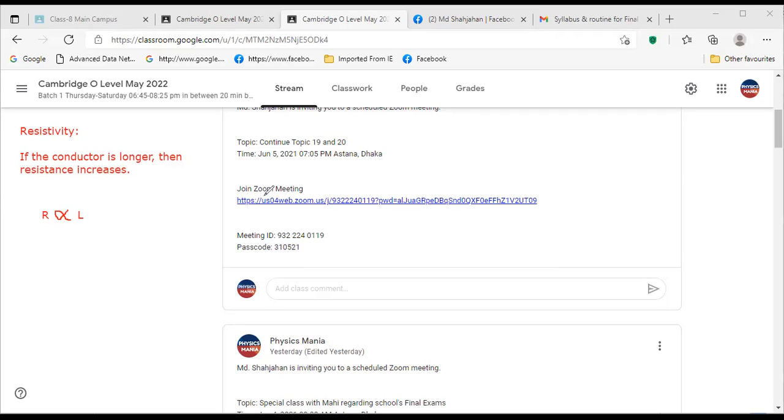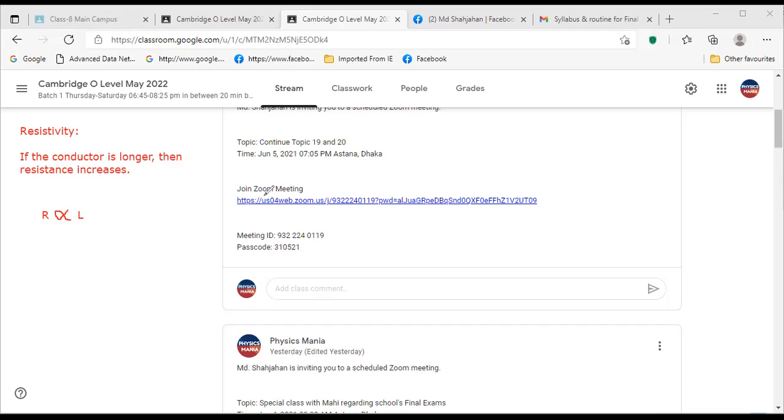Thickness of the wire is also called cross-sectional area. Cross-sectional area, because most wires are cylindrical in shape, right? And if you take a slice of the cylindrical thing, it becomes like a small circle, right?